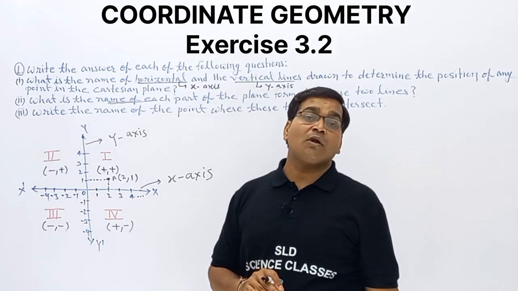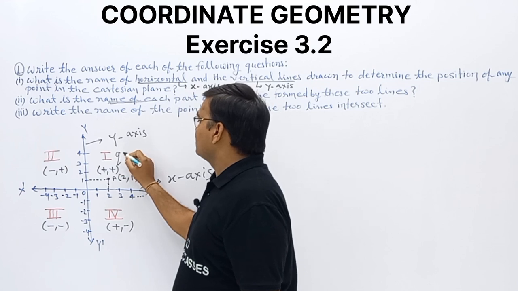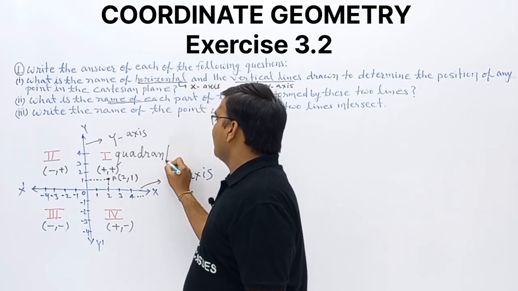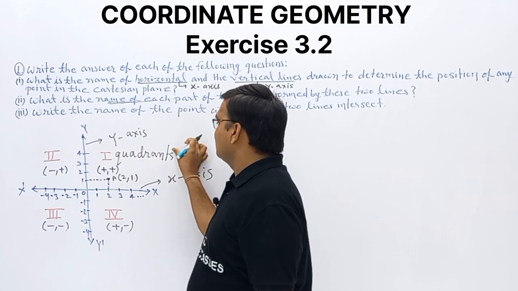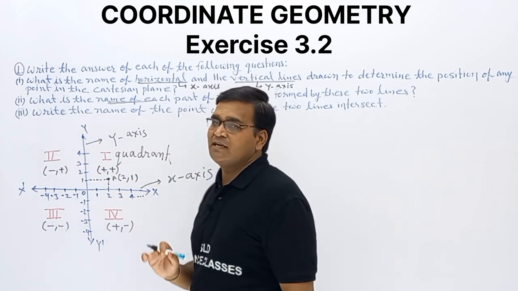And they are called quadrants: first quadrant, second quadrant, third quadrant and fourth quadrant.